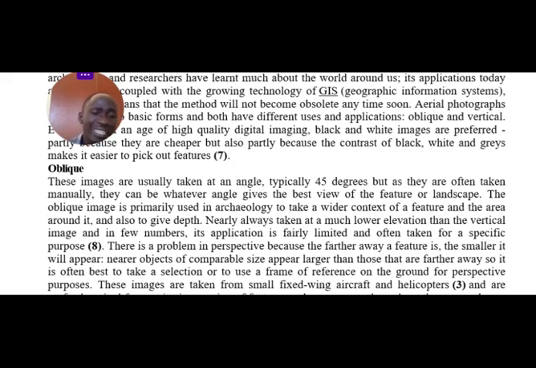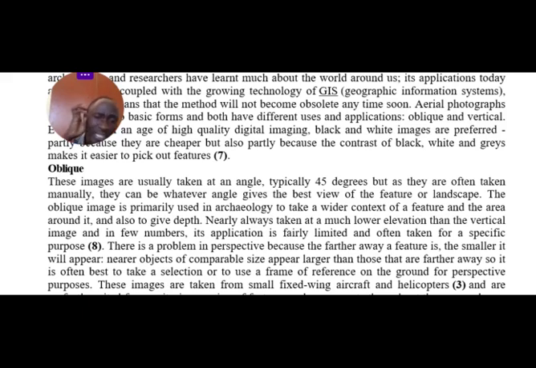And they are saying that it gives the depth, taken to as much as the lower elevation than the vertical, in a few numbers. Its application is fairly limited and often taken for a specific purpose.